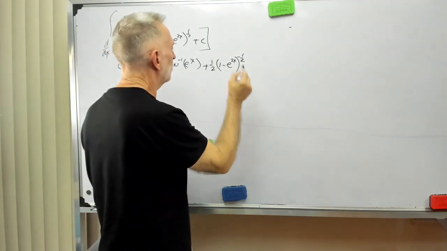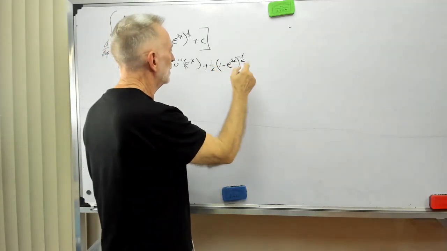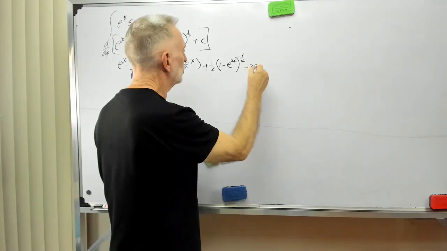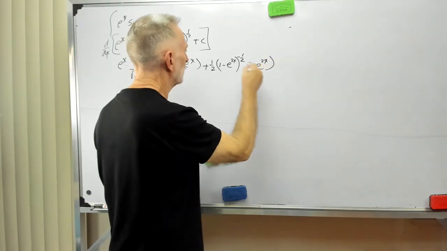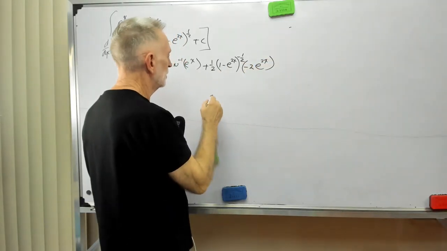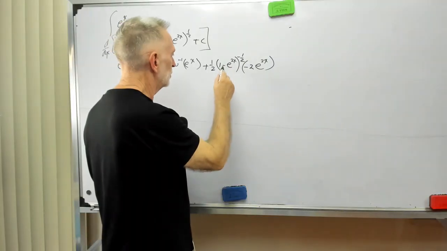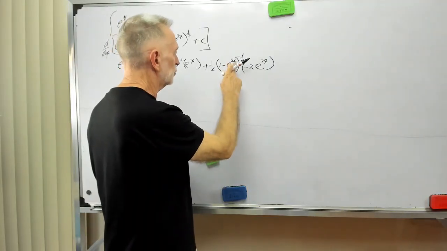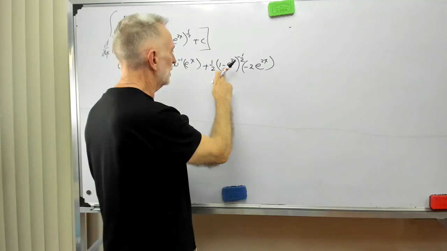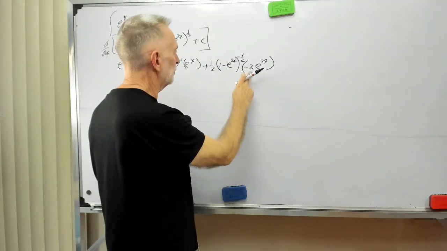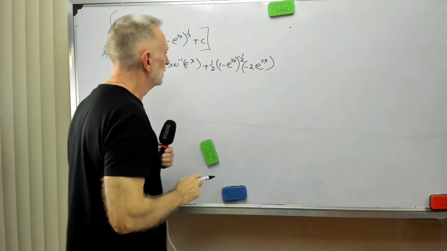Times the derivative of what's on the inside. So we bring down the 2; the derivative of 2x is 2. 2 times this negative 1 is a negative 2e to the 2x.